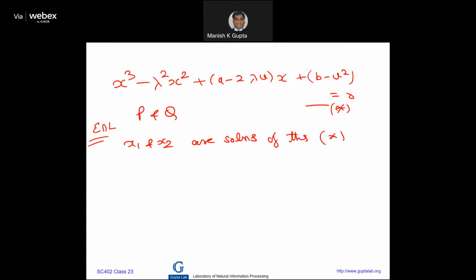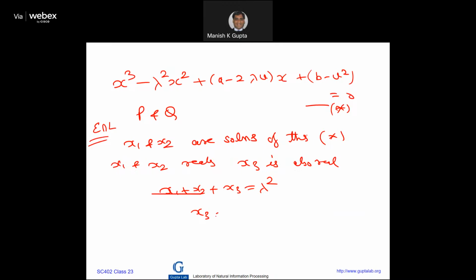So if x1 and x2 are real, x3 is also real, and the sum of the roots x1 plus x2 plus x3 is equal to lambda square. So x3 is equal to lambda square minus x1 minus x2. So we found the first coordinate x3.